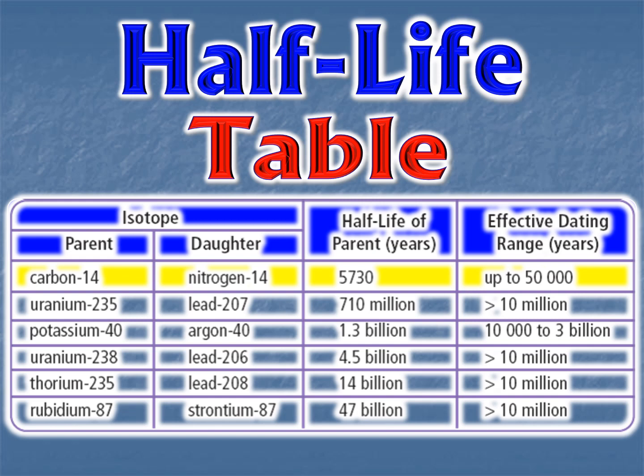Like, I don't know, what about this one, uranium-238? Now, uranium-238 isn't completely stable, but it's pretty close. It is technically radioactive, but its half-life is 4.5 billion years. That is about the age of the planet Earth.